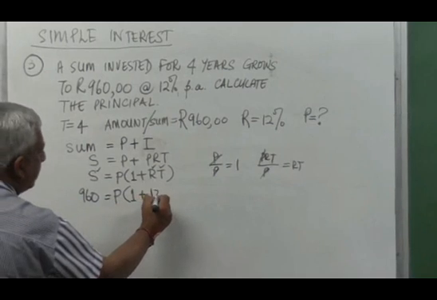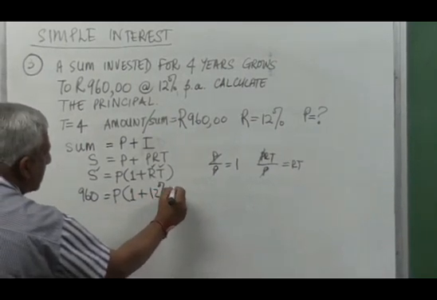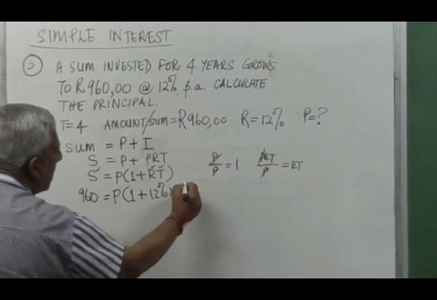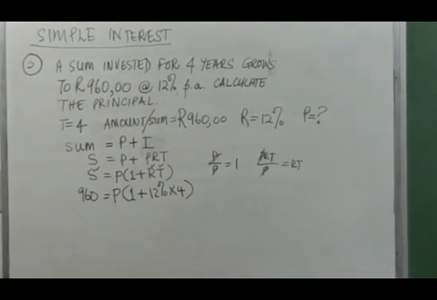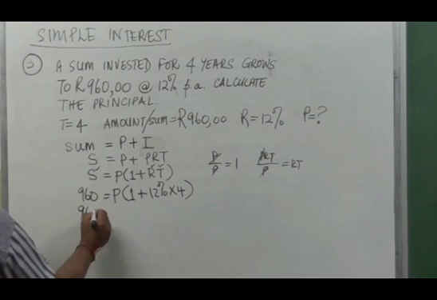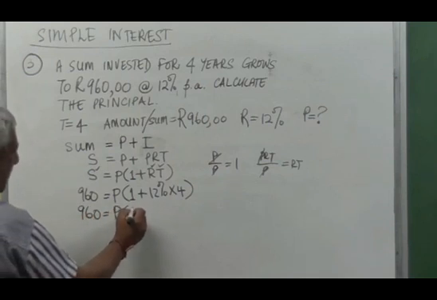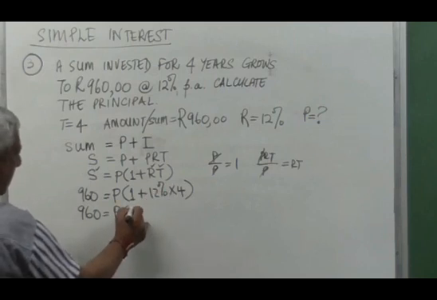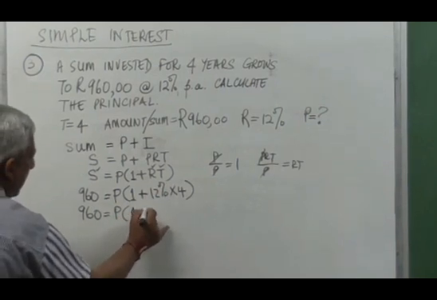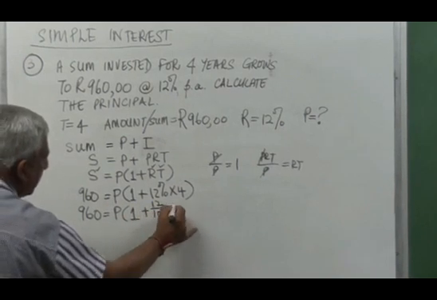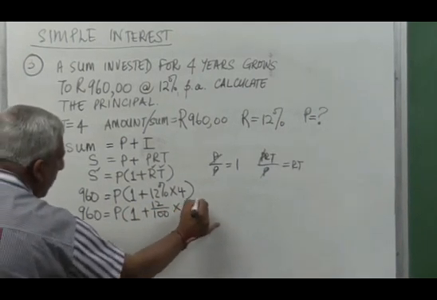R is 12% times 4, which is 4 years. Right. Now what we do, we use our calculator to help us there. So we leave the 960 here. There's your P into, 1 plus 12 over 100 times 4.